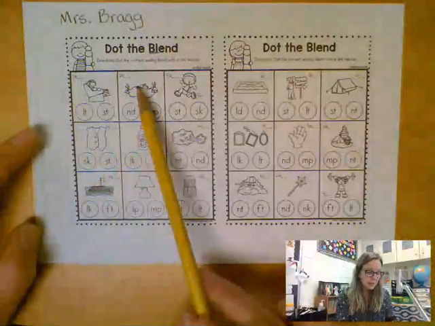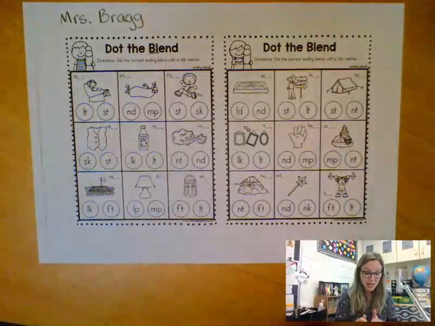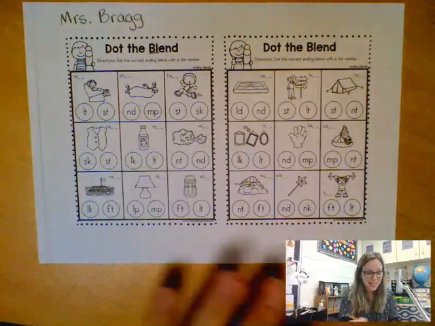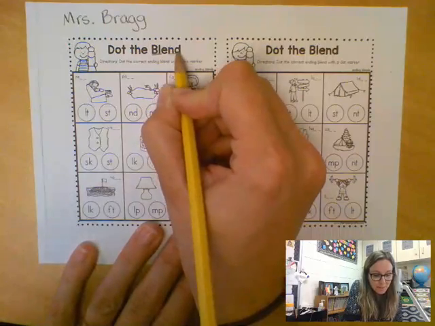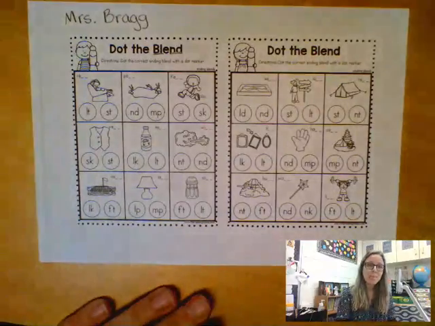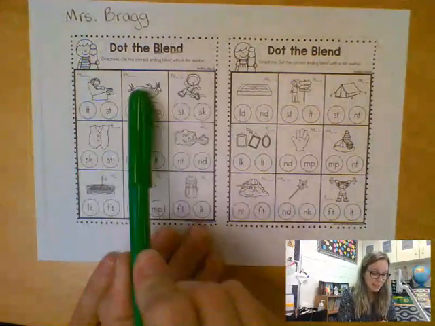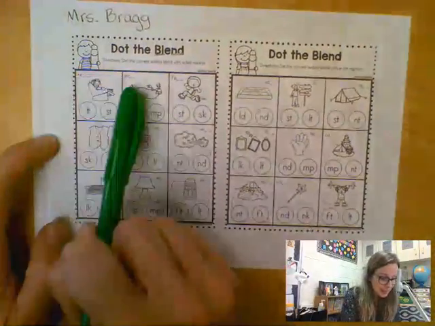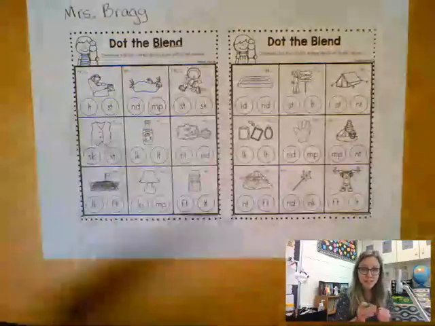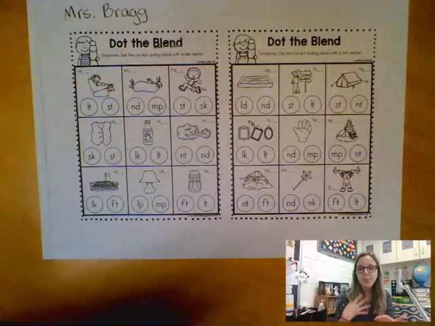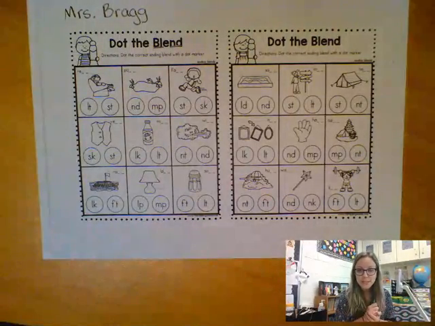So we're going to be looking at each of these pictures, and we're now looking for the blends that come at the end of words. Like at the end of blend, we have this end blend, okay? So each picture, not only does it have a picture of a word that has a blend, but if you look up in the top corner of each picture, it gives you the beginning sounds of the word to help you figure out what it's a picture of.